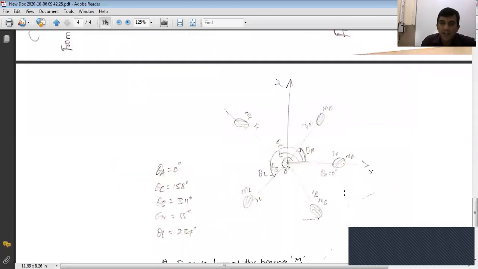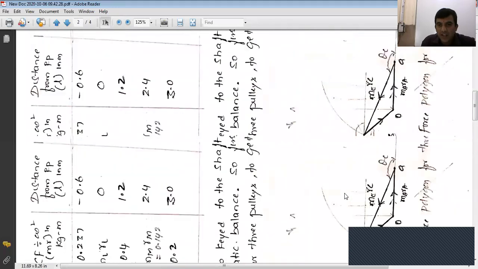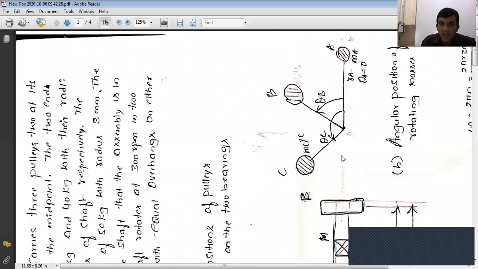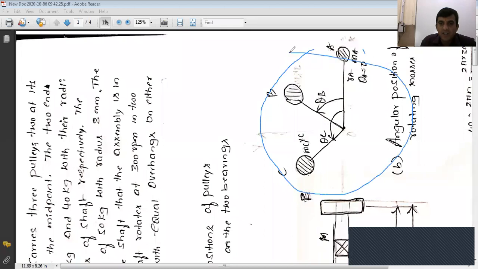Earlier what did you get? We assumed here theta A is 0 degree, and theta B, theta C we took roughly. Roughly you have taken this value, right?